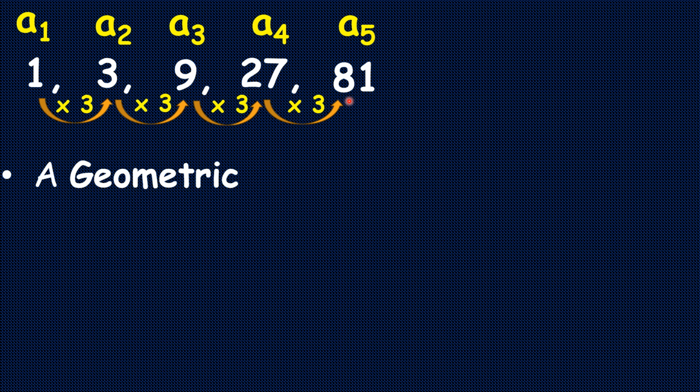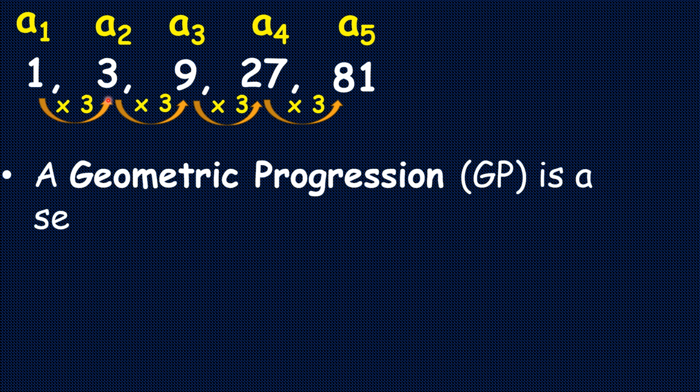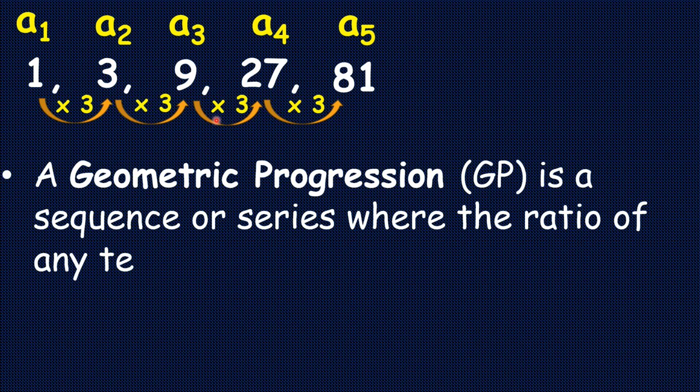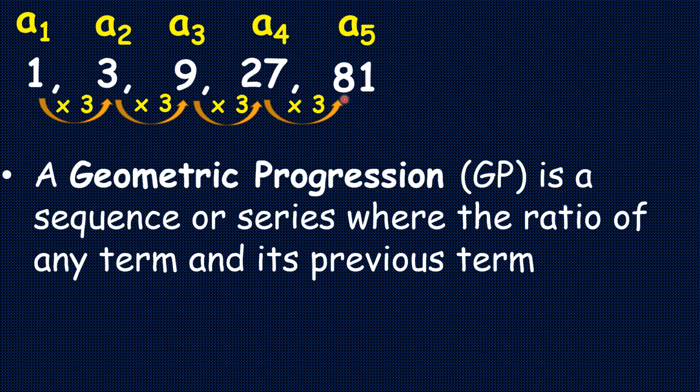So one common thing we can see is that we have a common ratio: 1 times 3 gives us 3, 3 times 3 gives us 9, 9 times 3 gives us 27, and 27 times 3 gives us 81.